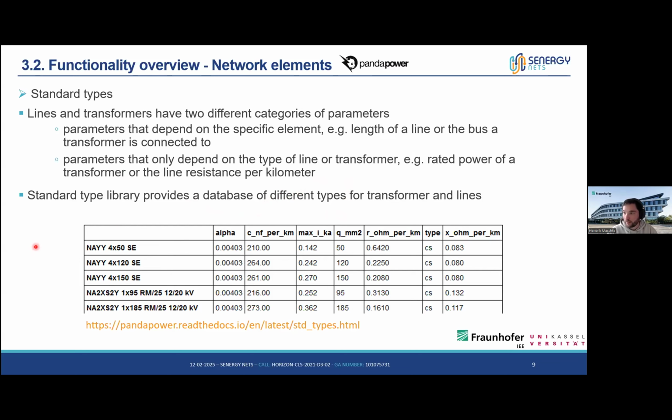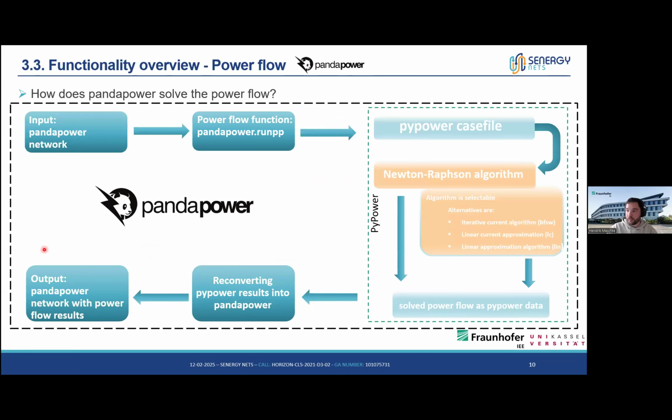Just to mention that here, then I want to quickly talk about the power flow I already mentioned. It comes from the name Pandapower: it's an extension of PyPower. So we have our Pandapower network as an input here. Then a power flow calculation is run with the Pandapower run pp function. Internally in that function, a PyPower case file is created. And then you can select from different algorithms how you want to solve the power flow.